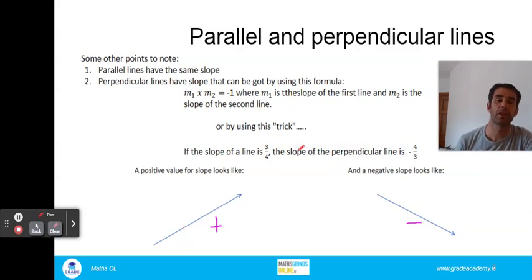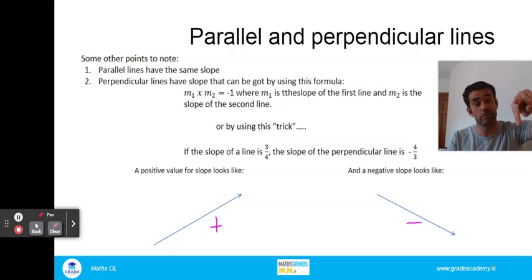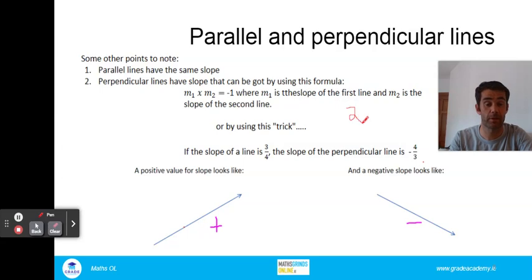Apologies about the spelling mistake there, guys. Now, there's also a little trick. So if the slope of the first line, for example, is 3/4, the slope of the perpendicular line, you get your fraction, you flip it upside down, and you change the sign. So if it's a positive, it goes to minus. 3/4 becomes -4/3. If you have the slope of a line that is not a fraction, for example, the slope is 2, well, you can make that into a fraction very easy by saying it's 2/1.